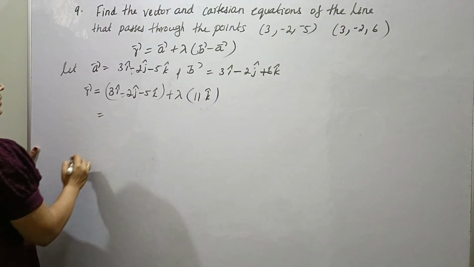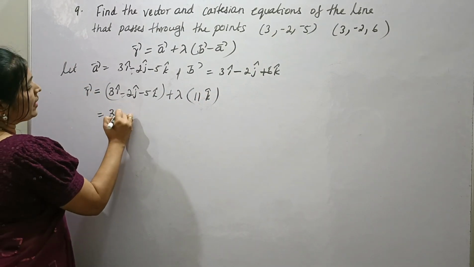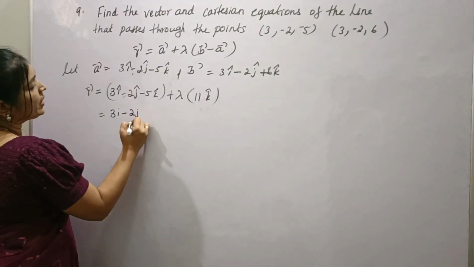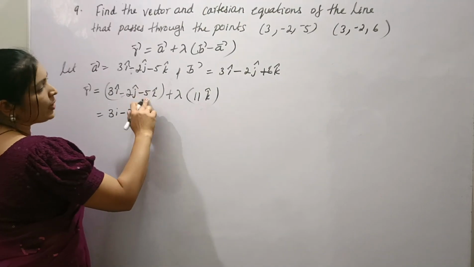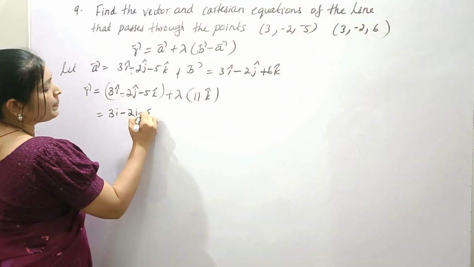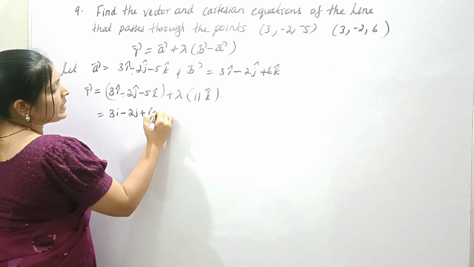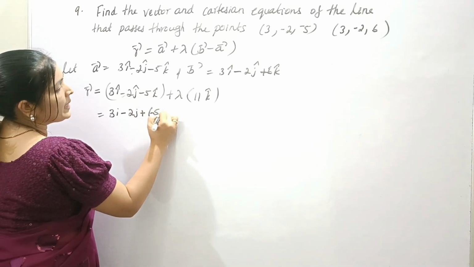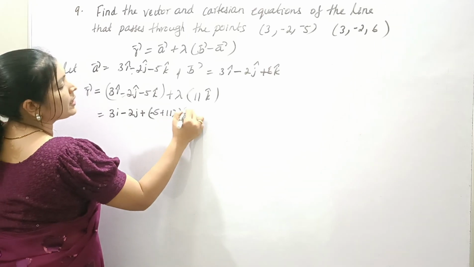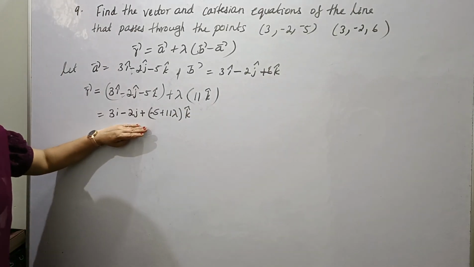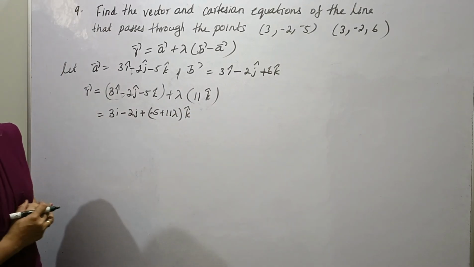So we can write (3i - 2j + (-5 + 11 lambda)k. So it is the vector equation of the line.